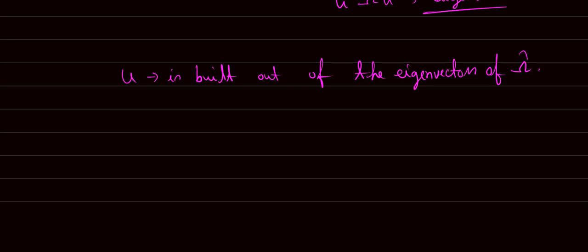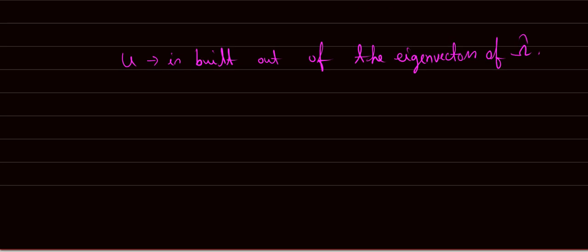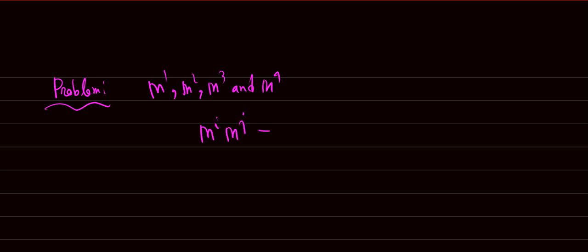So let's do a problem with Hermitian matrices. Consider four Hermitian matrices M1, M2, M3 and M4. Let's say there are four Hermitian matrices that follow this rule, where i and j go from 1, 2, 3 and 4.